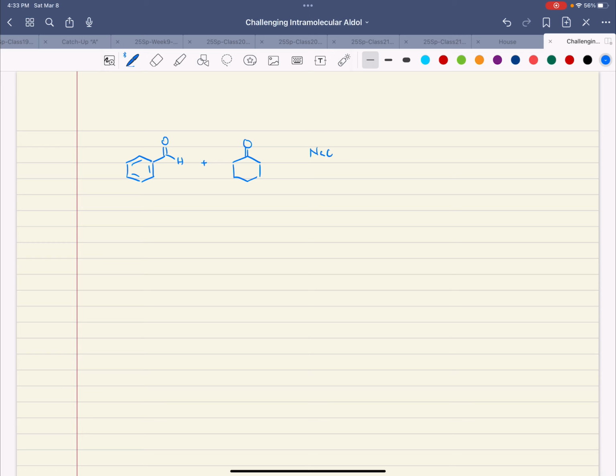For this one, I would probably specify that we have a 1-to-1 ratio, so equal molar of these two reactants. Just to give away the twist, if it wasn't 1-to-1 and it was 2-to-1, you have two alpha positions here, and you could actually have a condensation on this side and also on this side. But here I'm saying it's 1-to-1, only combine one of these with one of these.